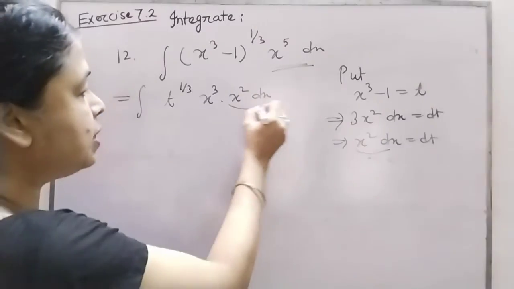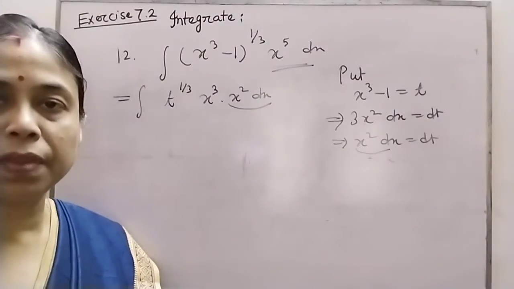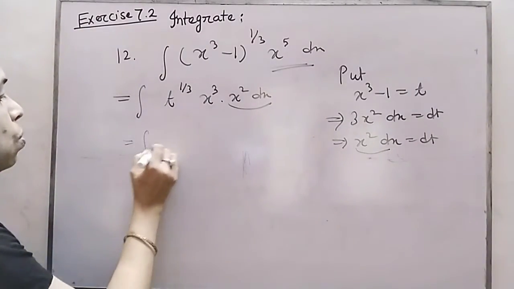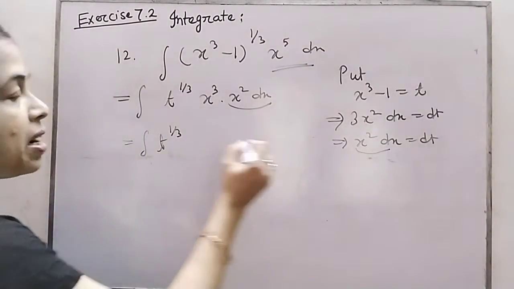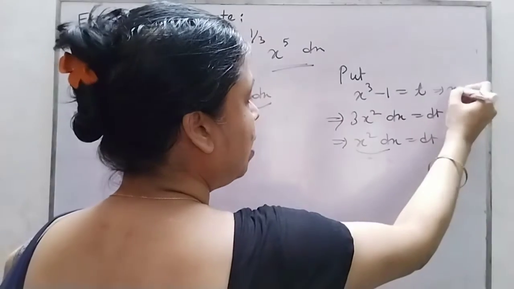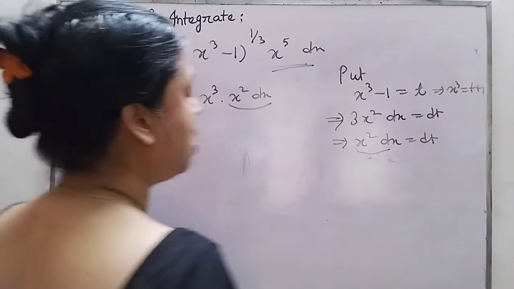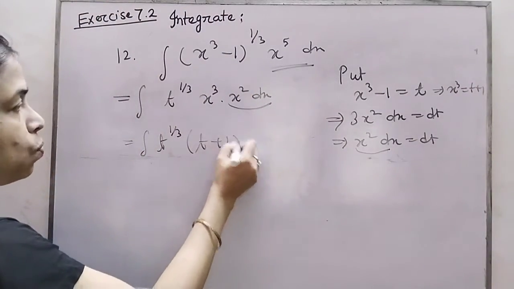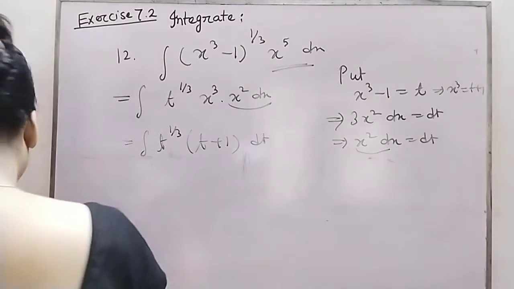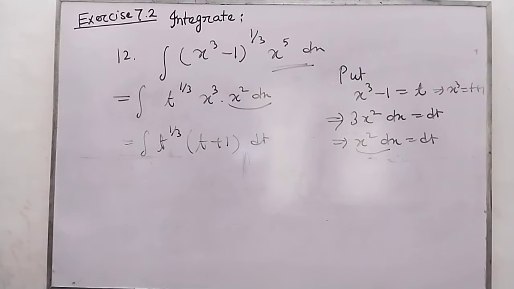I have separated this x square part to use dt. Then the integrand will be equal to t to the power 1 by 3. And x cube, you can see from here, is t plus 1. I can write here t plus 1 and in this place we will have dt.